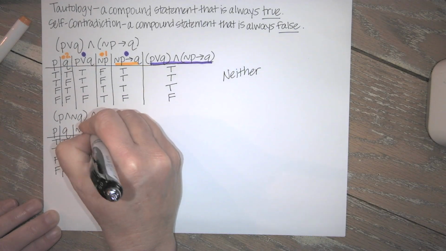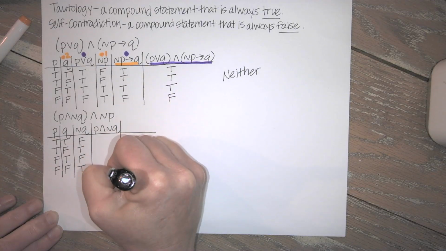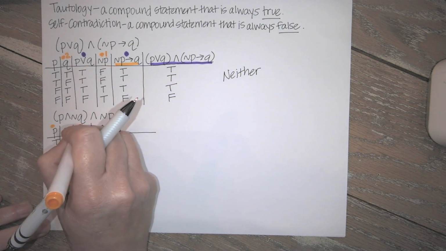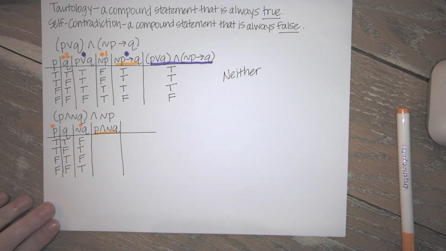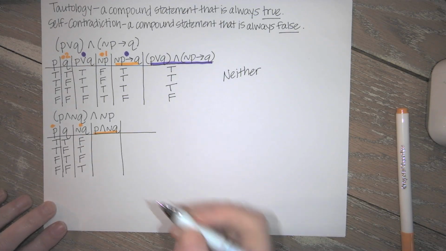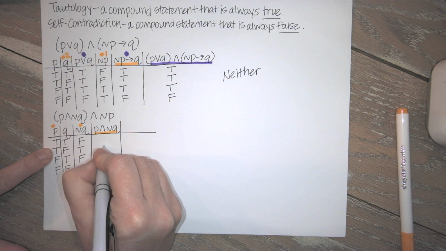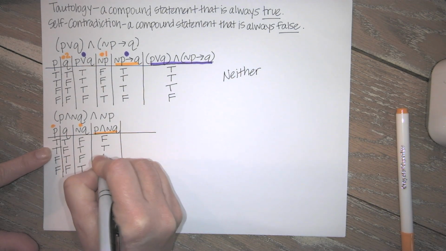I'm going to put that together with P in a conjunction, an and statement. So I'm looking here and here to build this. It's an and statement, which is only true when they're both true. So I do see one where they're both true. I'm going to go ahead and mark that true. The rest will be false.